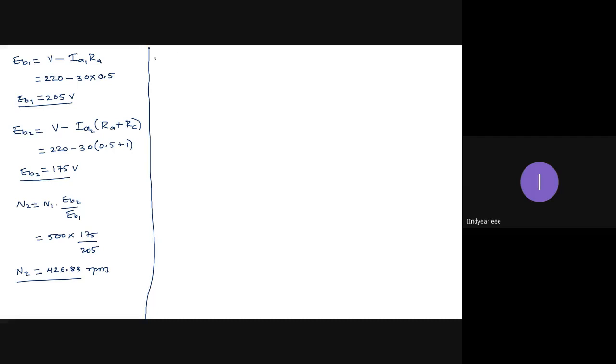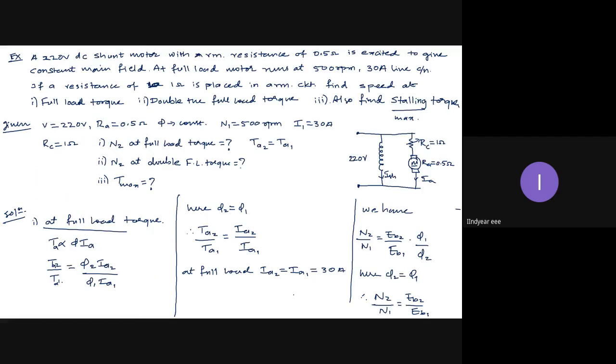Second case, at double the full load torque. At double the full load torque, my TA2 will be twice TA1. So TA2 is equal to 2 times TA1. The relation we have is TA2 by TA1 is equal to IA2 by IA1.